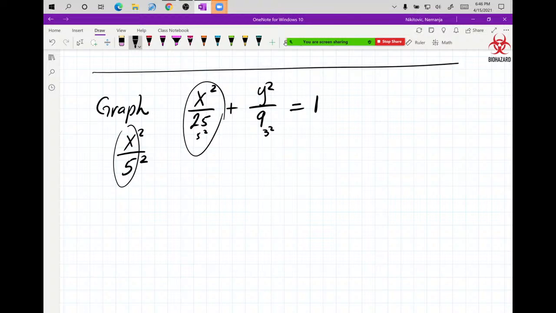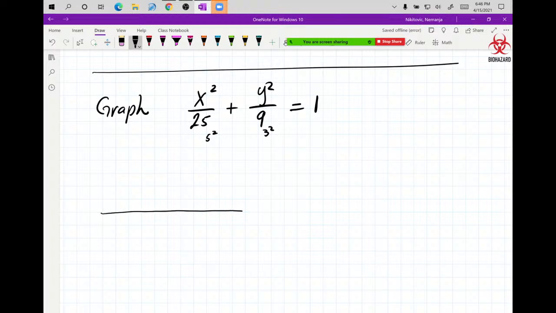X is 5, right? So to graph this, I just realized that the bottom is 5 squared, this one is the 9 is 3 squared, and when I draw this, I make sure I go 5 left and right. 1, 2, 3, 4, 5. 1, 2, 3, 4, 5. And then 3 up and down. 1, 2, 3. 1, 2, 3. And that's it.